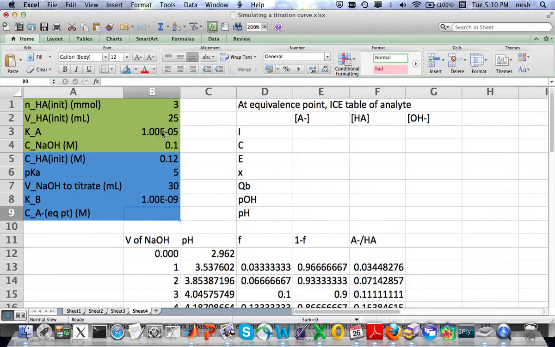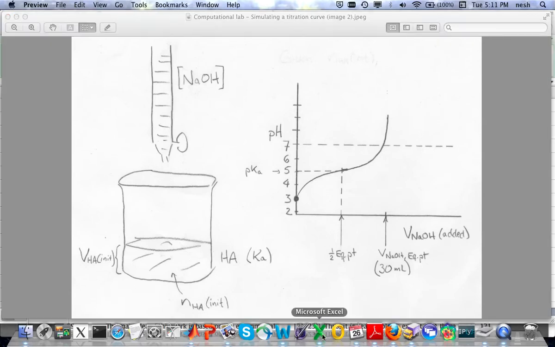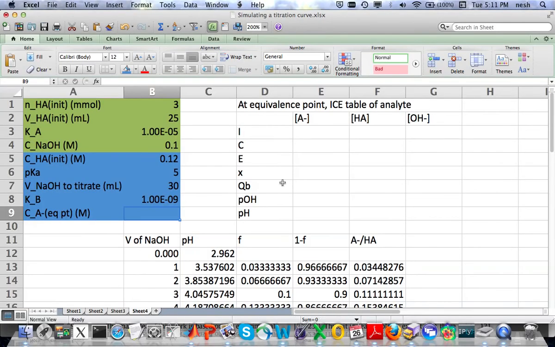Now the second one is the part that's a little bit tricky: the concentration of A minus in the analyte solution. I haven't drawn it, but now there's more volume in that analyte solution because we've added 30 mL of sodium hydroxide. So if you want to give that a try.